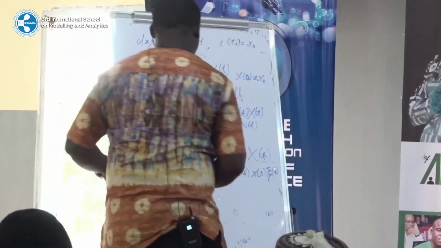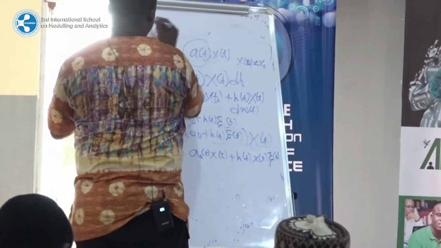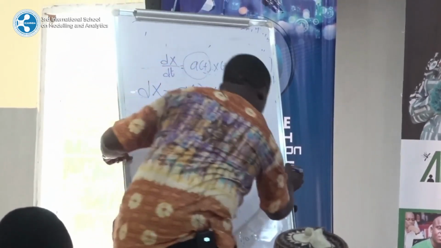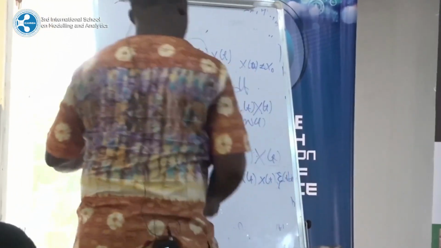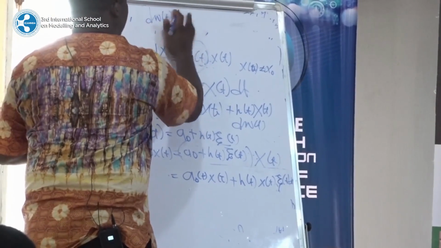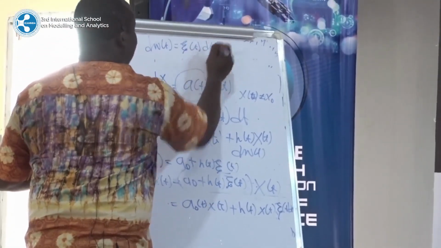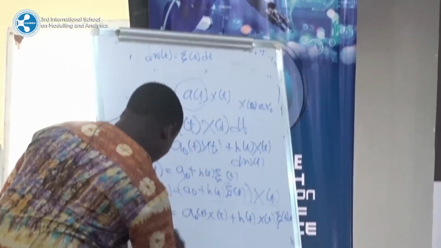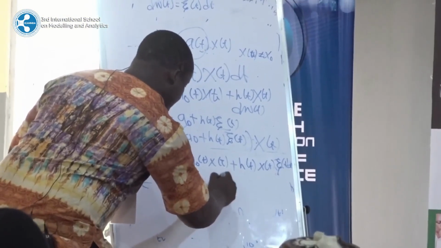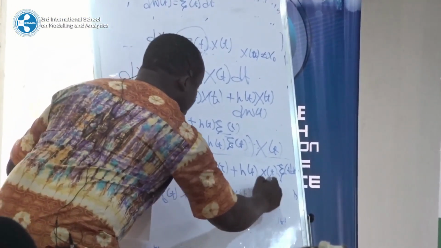And we said that dw of t over dt is psi of t, so dw of t is equal to psi of t dt. So in other words, we have A naught of t, x of t, plus h of t, x of t, psi of t dt, equal to dw of t.